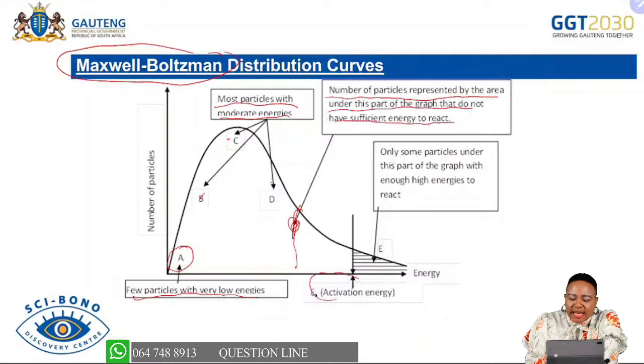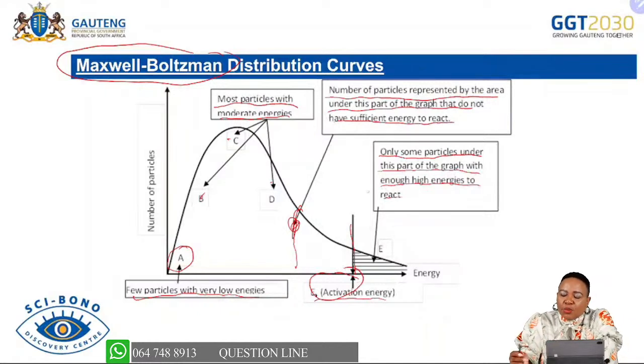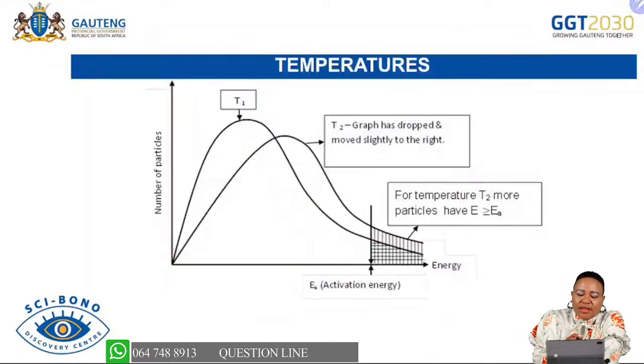And also this area represents our activation energy, and only some particles under this portion of the graph will have enough energy to react. So we need to know the Maxwell distribution curve looking at the three factors which I normally say are CTP.